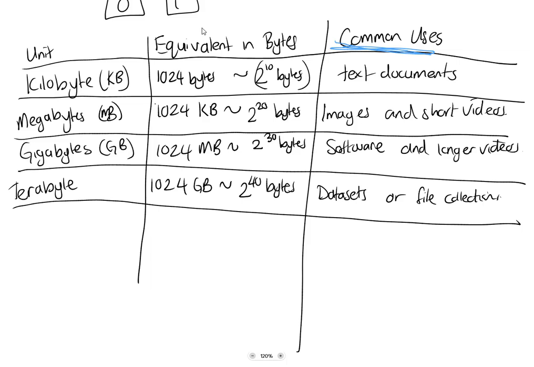The last two are petabytes, also called PB, and exabytes. These have about 2 to the power of 50 bytes and 2 to the power of 60 bytes respectively.